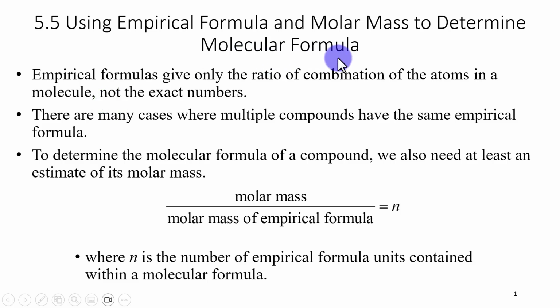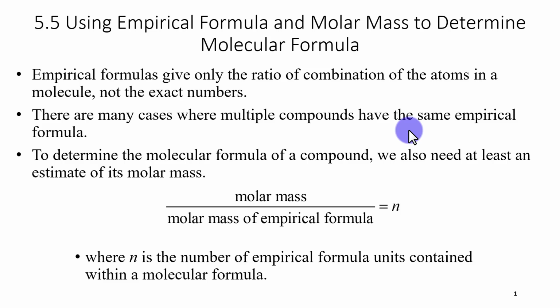However, the molecular formula might be a multiple of that empirical formula. There are cases where different compounds can actually have the same empirical formula. This happens a lot, especially with hydrocarbons, for example.